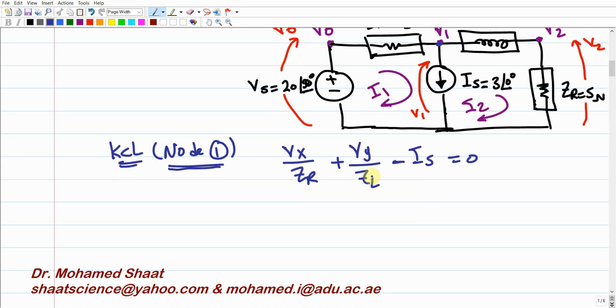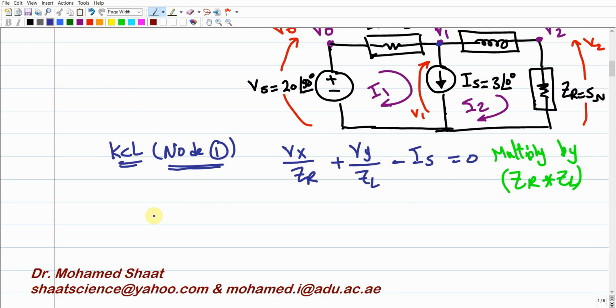This should give us the first equation, but let us do some simplification first. One of the things we can do is get rid of the denominators by multiplying by their multiplication. So I'm going to multiply this equation by ZR times ZL, multiplying all the terms by this value to get rid of all the denominators.